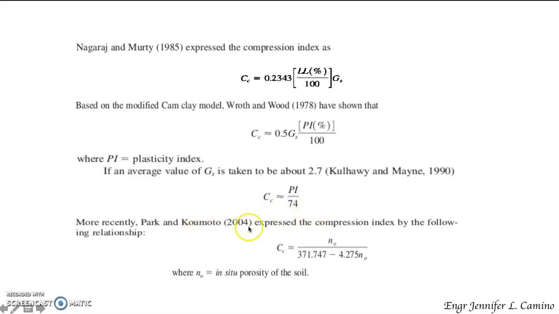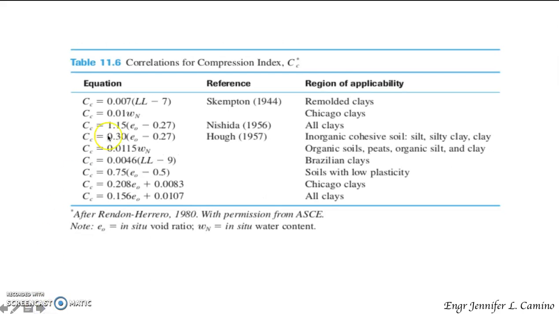Park and Koumoto express the compression index by this equation, wherein N sub O is the in situ porosity of soil. So we have here a tabulation showing the correlations of compression index C sub C, giving the equation, the reference, and the region of applicability.